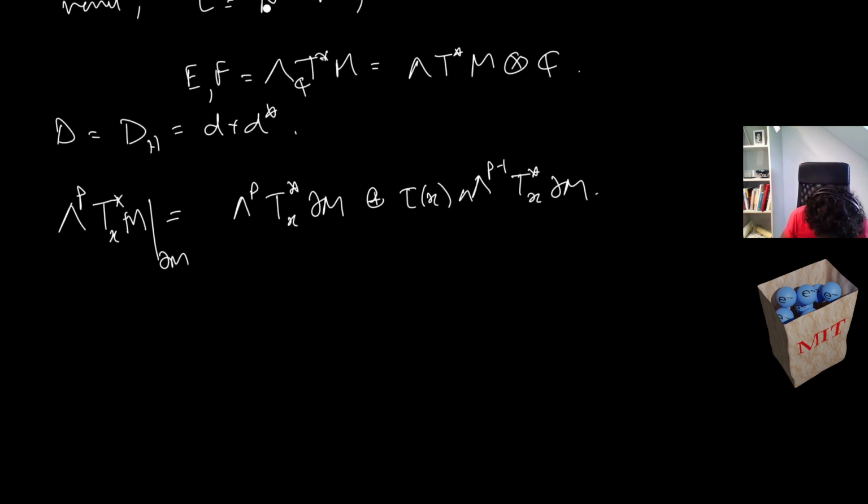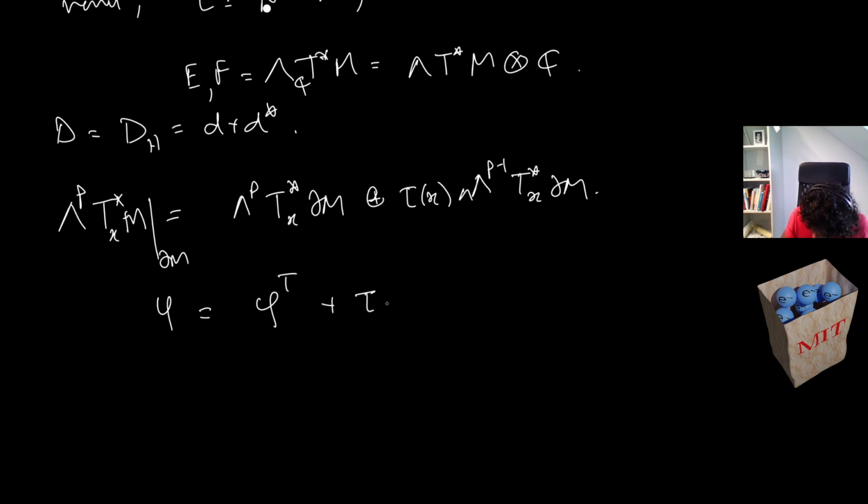And we have that φ now breaks up into φ tangential, something in here, plus τ_x wedge φ, which I'll write as perp. So it's to denote tangential and orthogonal.